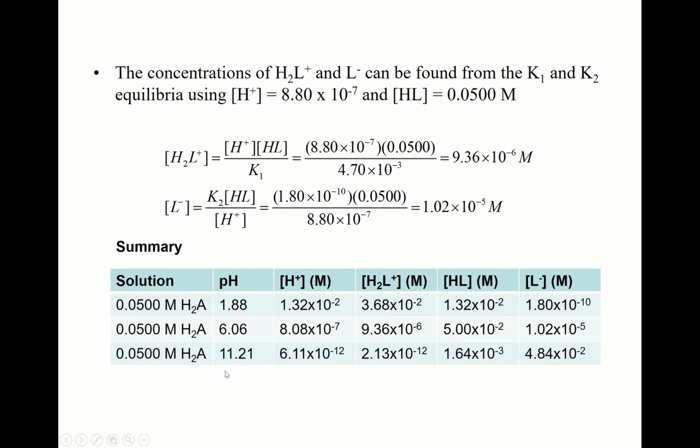Although I write it this way, actually this is H2L plus, and this is L minus. For the intermediate form, our pH calculation is 6.06.